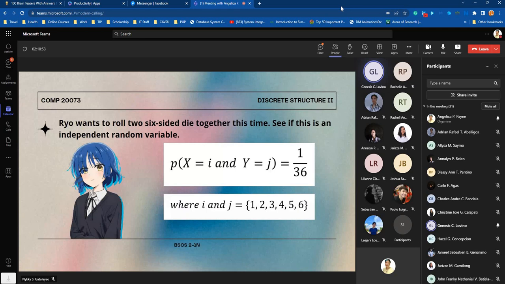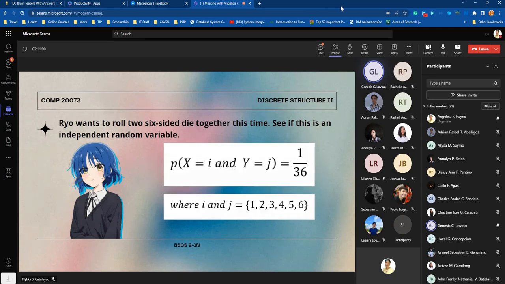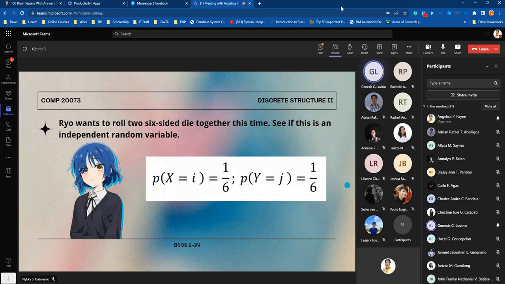Yung i and j, that would be the number of sides ng ating dice. Kaya, x equals to 2, and y is equals to 6. Now, if we're going to check the probability of each die naman, that would be 1/6. And then our second die, which is the probability of y equals j, that's also roughly 1/6.